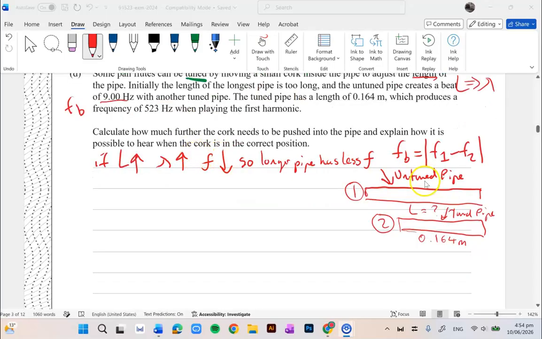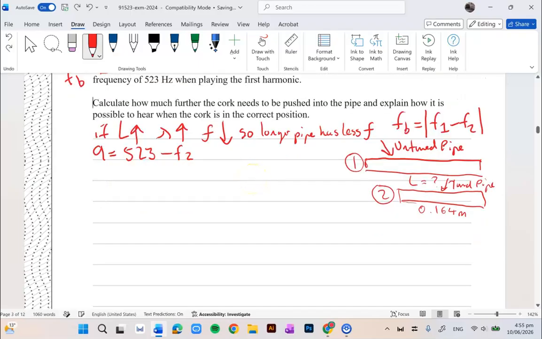So because we know the untuned pipe has a larger length because it's longer, that means it's also going to have a larger wavelength. So that means its frequency has to be less than the 523. So when we go to our formula, we know FB equals 9. F1, we know it has to be the 523 minus F2. 9 minus 523 is going to equal F2.